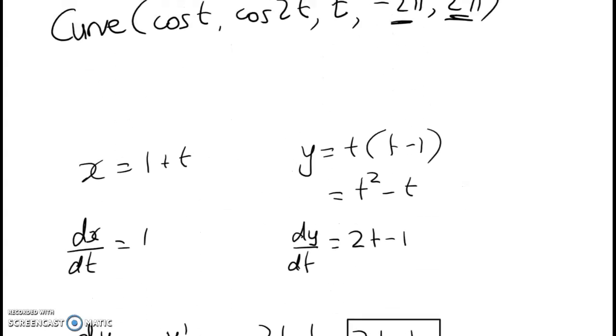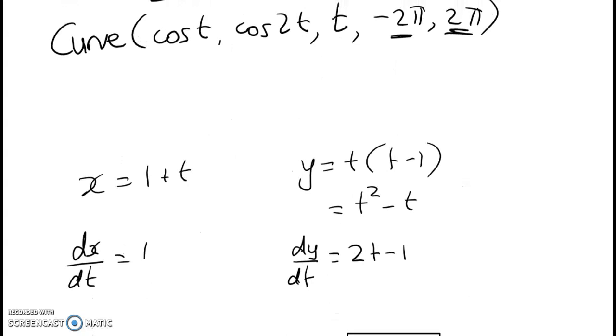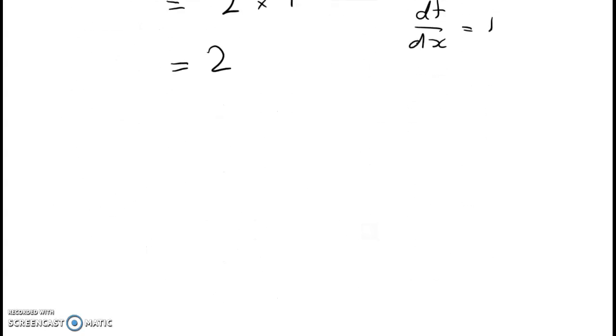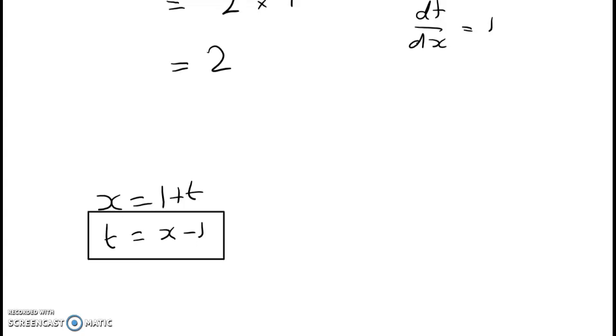Now, the last kind of bonus thing in here is how, in this case, can we eliminate the t from those two equations? And it's pretty easy because you can make t the subject here. So let's do this just quickly at the end. So x is equal to 1 plus t, which gives me t is equal to x minus 1. And over here, we've got y is equal to t times t minus 1.